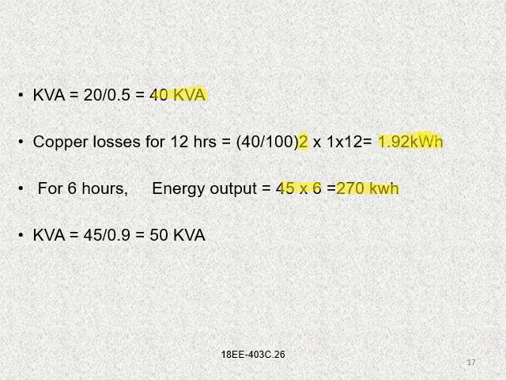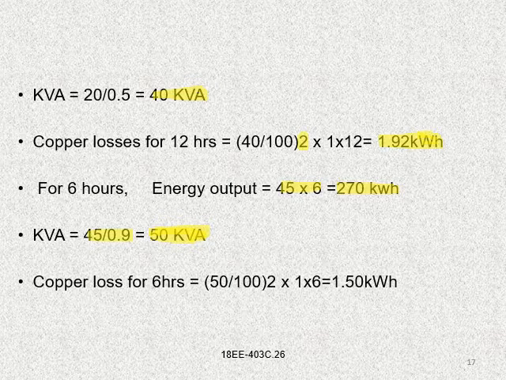The kVA is equal to 45 by 0.9, which gets you 50 kVA. The copper loss for these 6 hours is (actual kVA by full load kVA) whole square, into 1 into 6, which gets you 1.50 kilowatt hours.